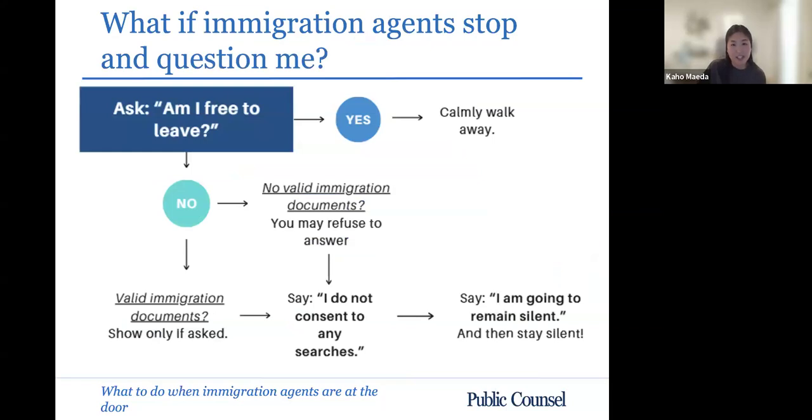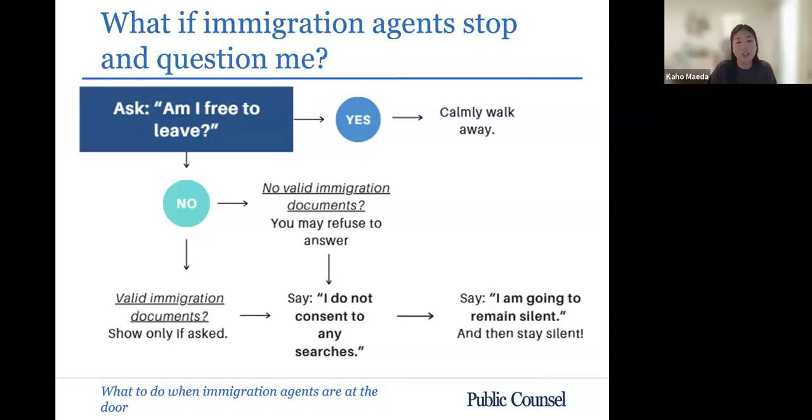Okay, relatedly, if an immigration agent stops you and questions you, this might be outside of your place of business, but we wanted to share this information as well, just so you all have it. If they approach you and say, we want to ask you a couple of questions, the first question that you always want to ask is asking if you are free to leave.